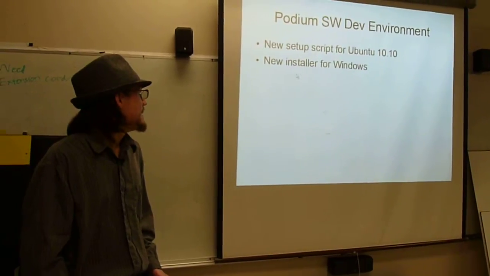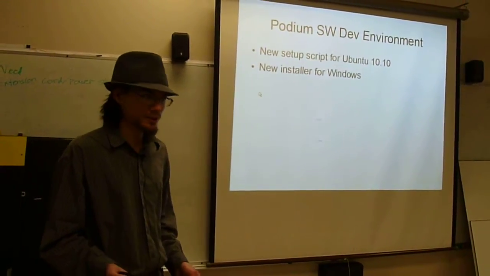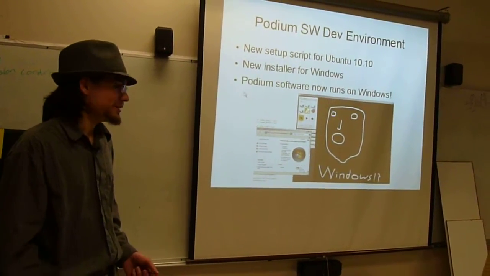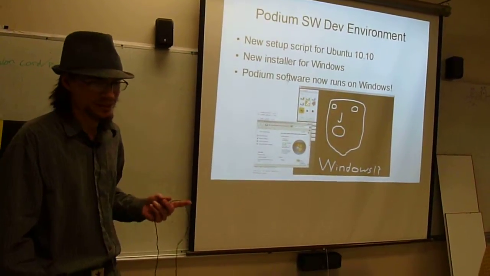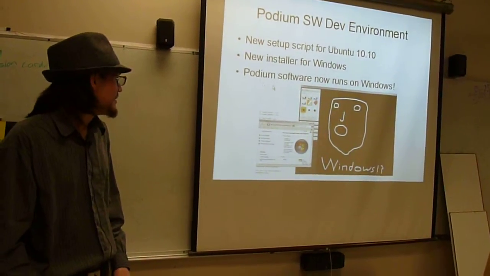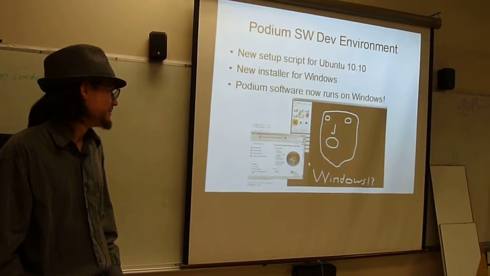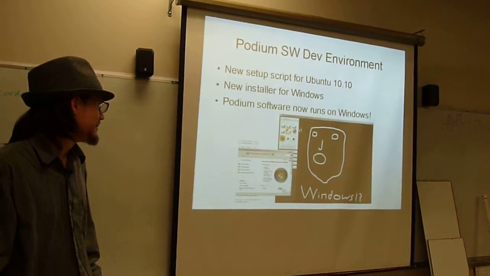And then I also made a new installer for Windows that'll set up your development environment on Windows as well. You just have to run this executable, and it'll make the development environment for you. And the other news is that using this, the Podium software now runs on Windows. So it's just a screenshot of our main UI running on Windows.